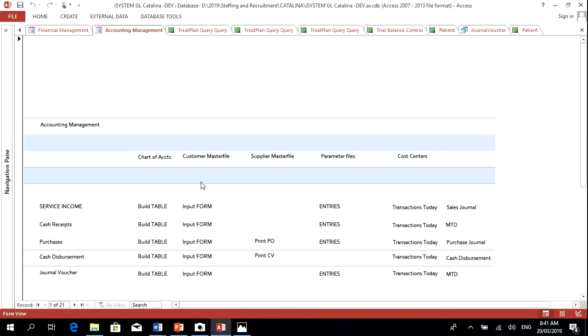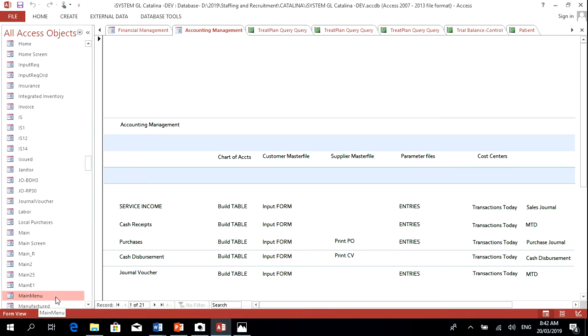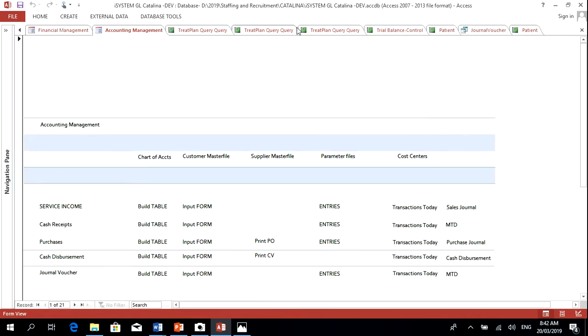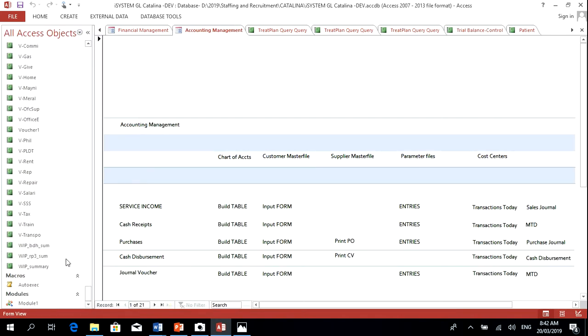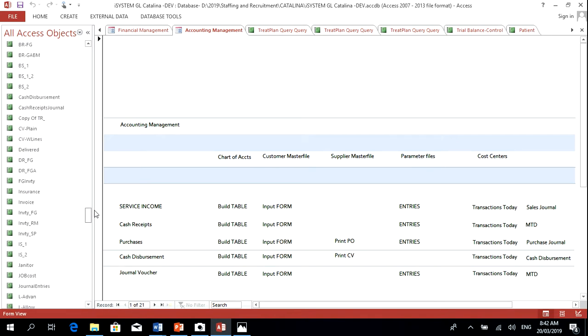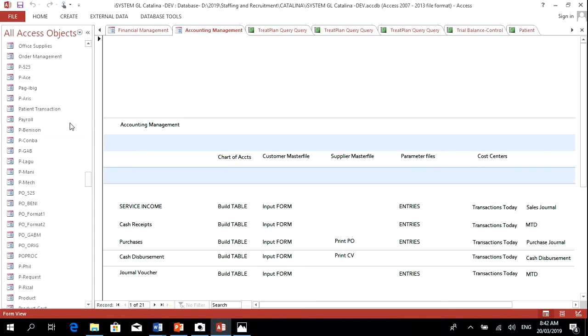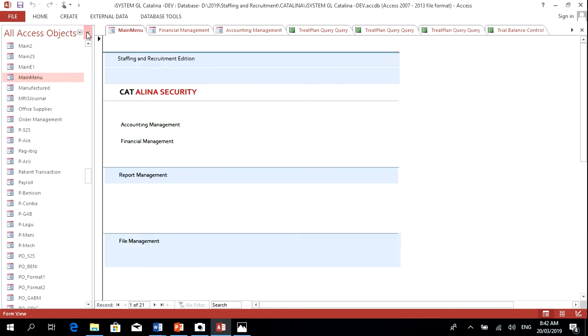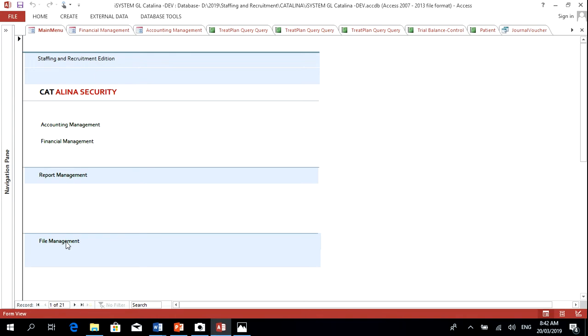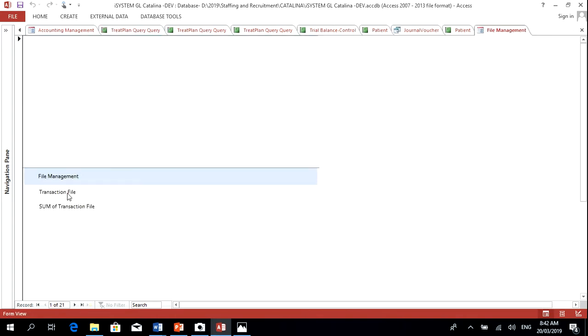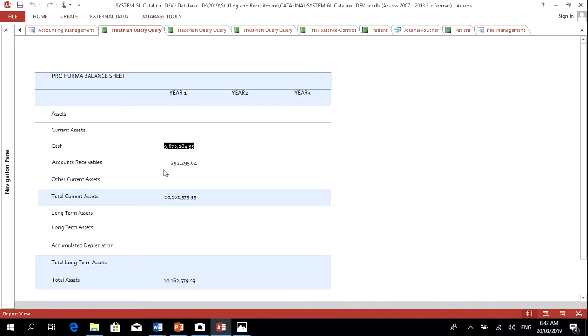first and foremost, these two transactions come from the transaction file. Now your transaction file is here, right? You go back to your main menu, and you go to your file maintenance, right? Now that total right here comes from a particular file.